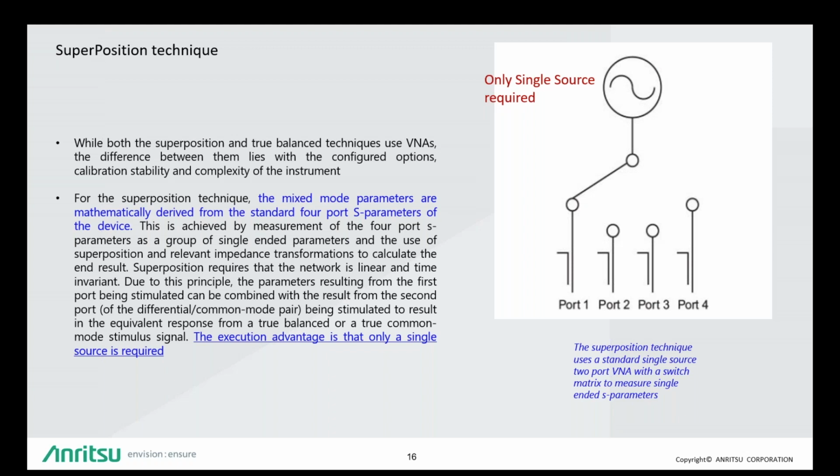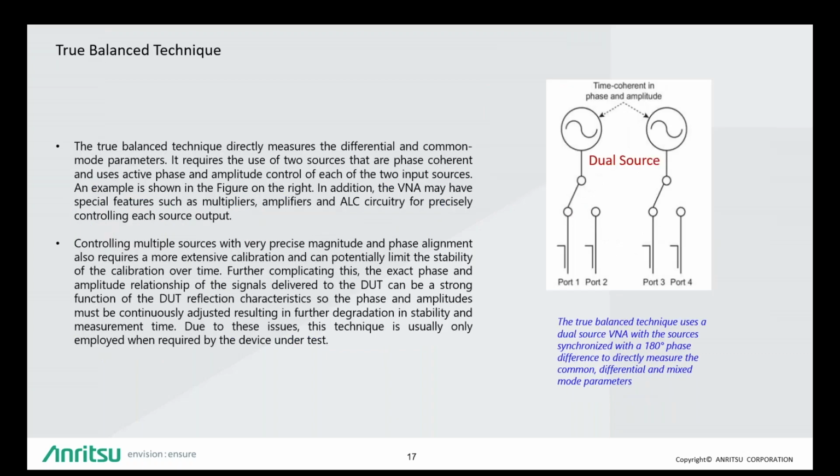The advantage of this method is that you only need a single source and not a dual source as required in the true mode method. And the true balanced mode is where you require a dual source, and that directly measures the differential and common mode parameters, unlike the superposition technique, which uses single-ended parameters.